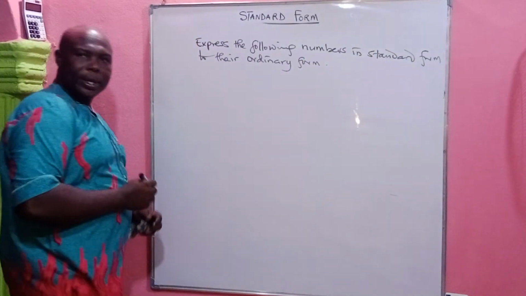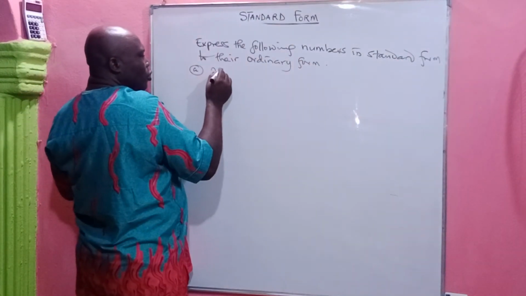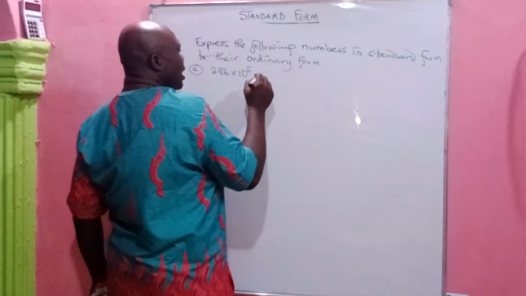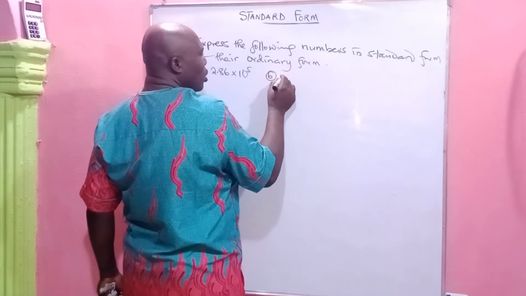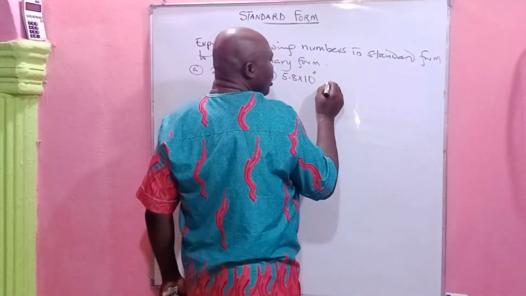Okay, so let's say A, we want to express 2.86 times 10 raised to the power of 5 back to the original form. B, 5.8 times 10 raised to the power of 0.